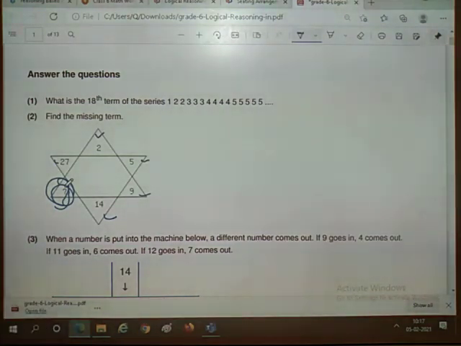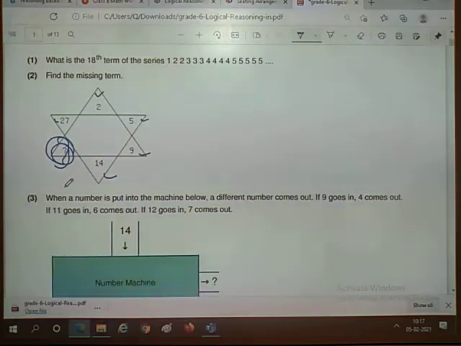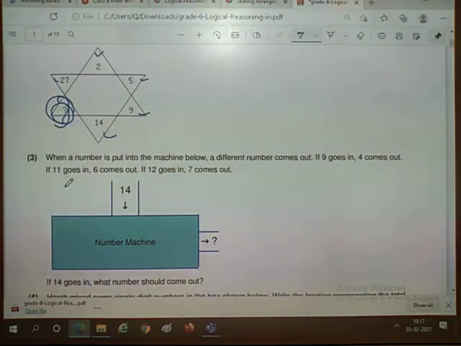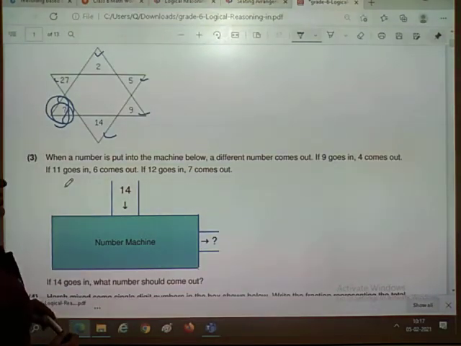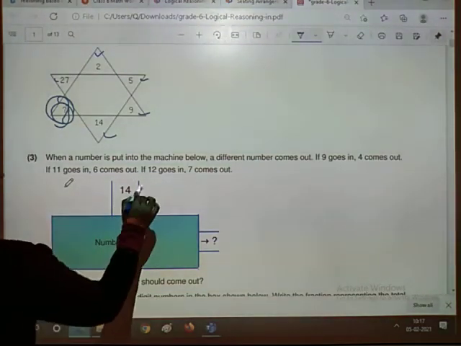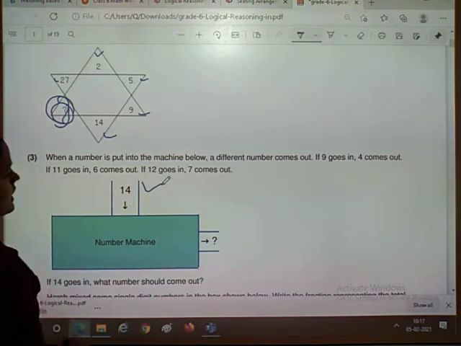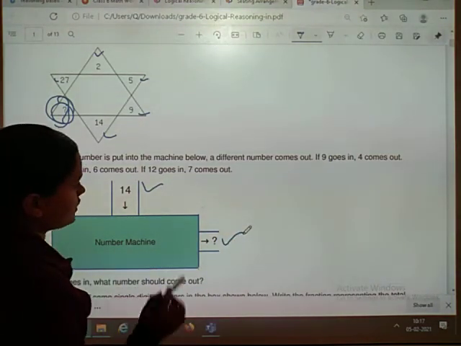Okay, the next question is, when a number is put in the machine below. So you see that there is a number machine and a different number comes out. It means whatever number you put in, a different number comes out. If 9 goes in, 4 comes out.